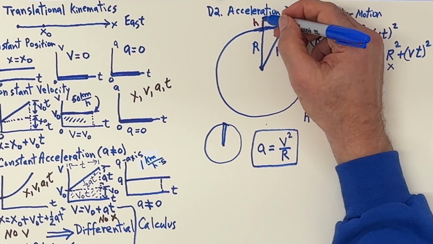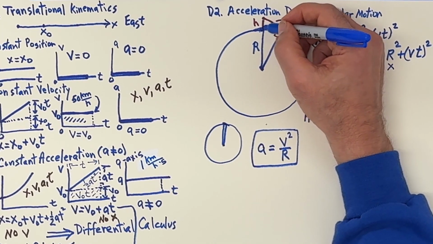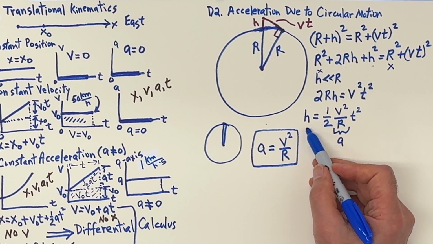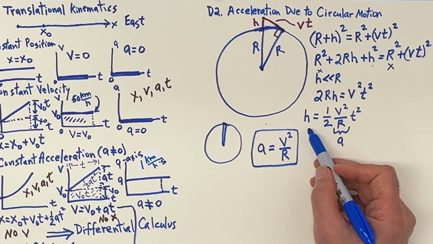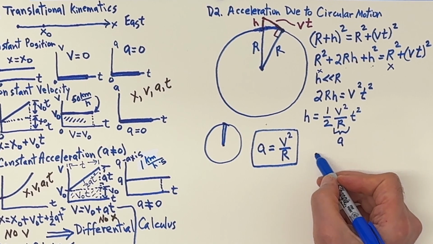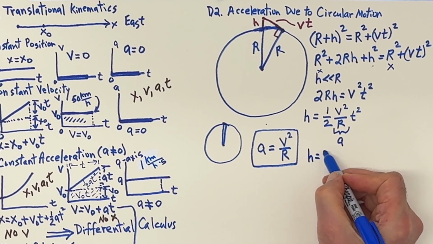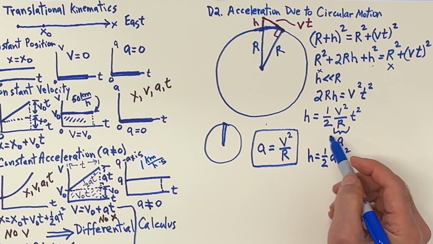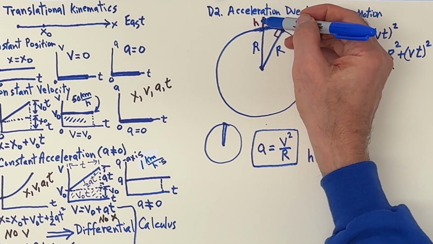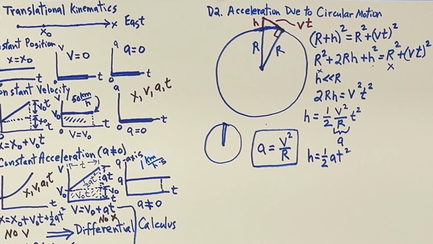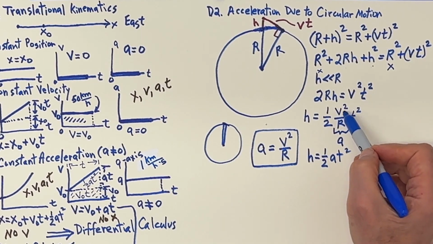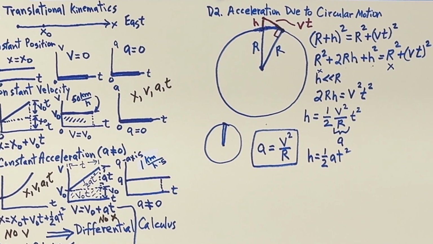It winds up here instead of there, so it kind of fell that distance h, and for acceleration and distance, you have 1/2 at squared. That's the formula that we derived in the other section. You can imagine here just falling from rest, and then you identify the acceleration factor with v squared over r, and you have your nice classic formula.